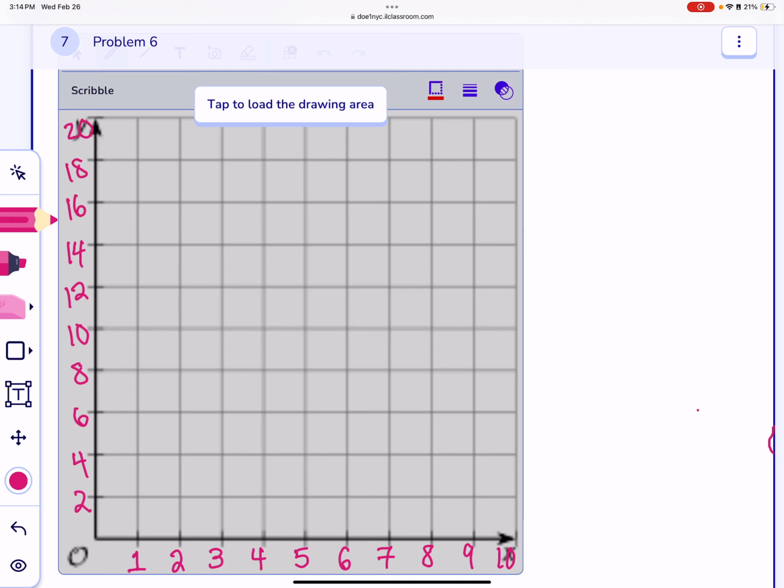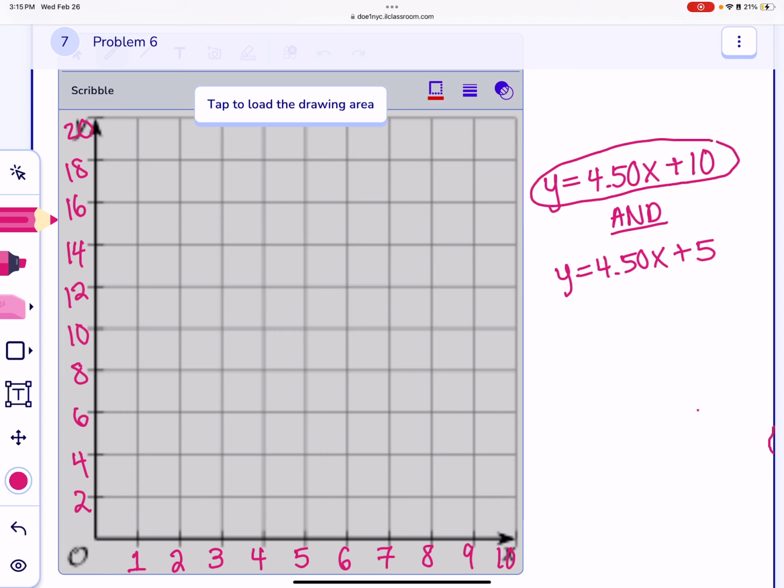Now we're going to graph y equals 4.50x plus 10, and our new equation of y equals 4.50x plus 5.